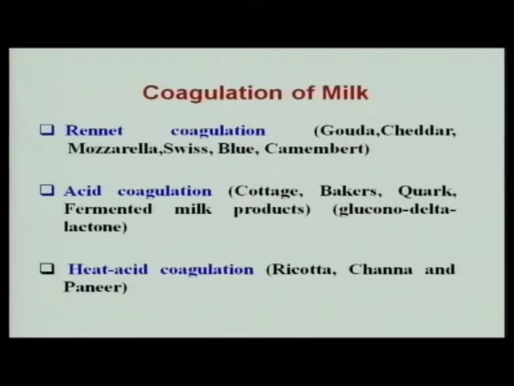Whereas acid coagulation is used for the soft or fresh varieties of cheeses, mainly cottage cheese, cream cheese or quark, and heat and acid are used in the case of ricotta or channa and paneer. Channa and paneer really do not qualify in the typical classification of cheese.